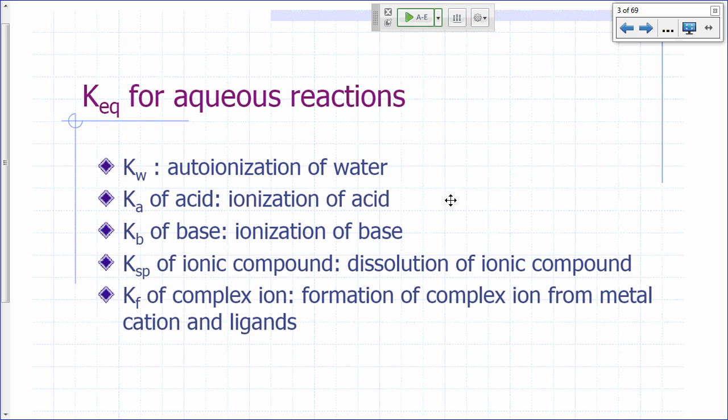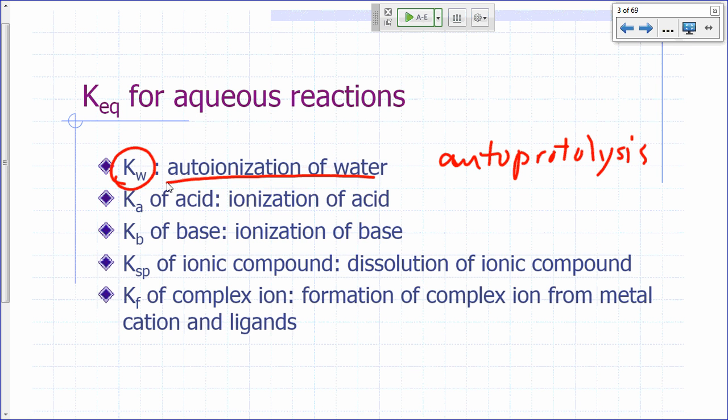And the KEQ for these reactions have special names that you need to be familiar with. So the reaction known as the autoionization of water, also known as autoprotolysis. The KEQ for that, the equilibrium constant, is called Kw.